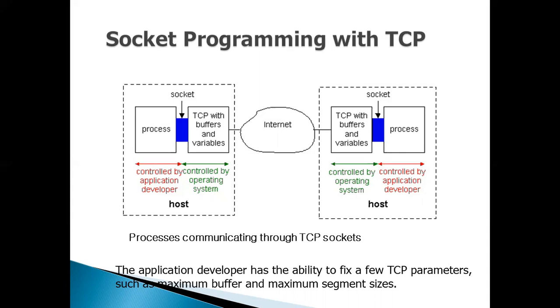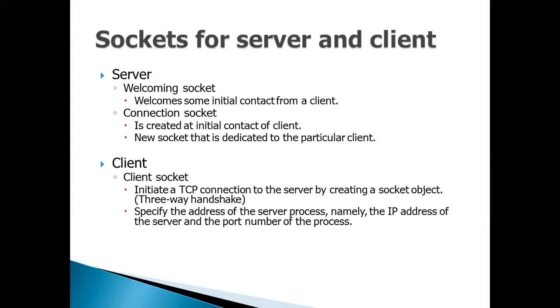Now we see how to design a simple application using the socket. These are the server and client phenomena, with the IP address and everything. That was the theory, so let's go with the practical, which is easier to handle.